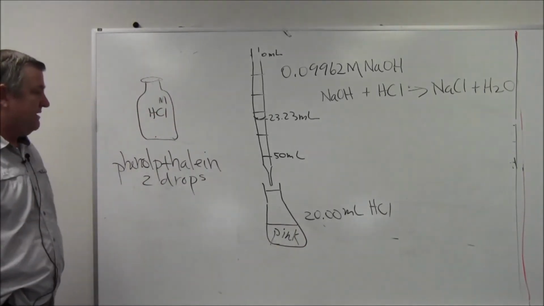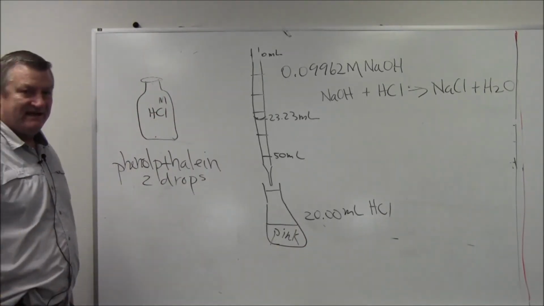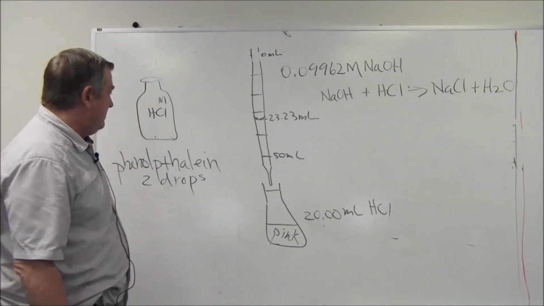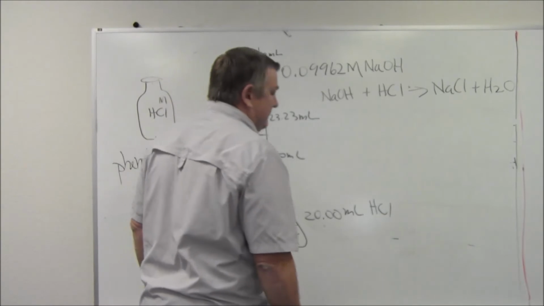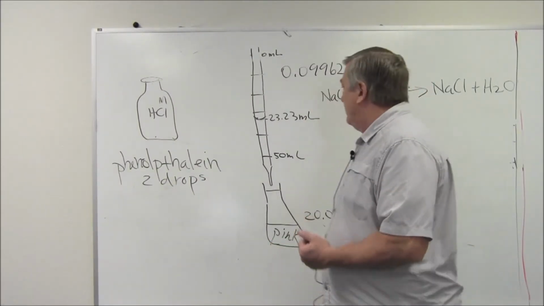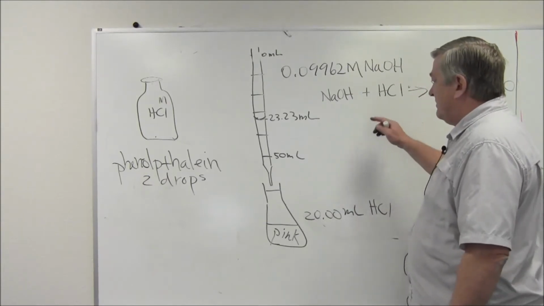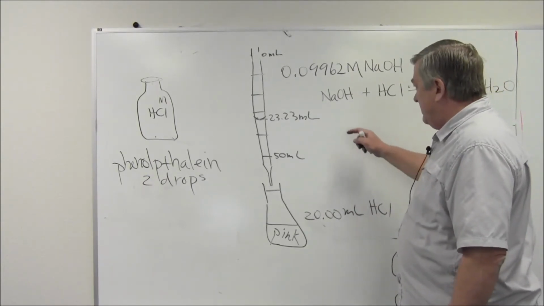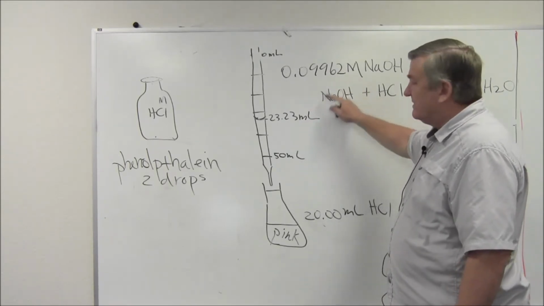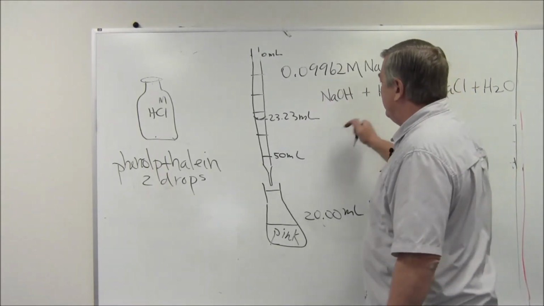Okay? So now with those data, we can calculate the unknown concentration of our hydrochloric acid. So let's go ahead and do that. And once again, I'm going to teach this with dimensional analysis and an equation. Okay, so we want to start with volume. Our known. With a known, you have the volume and the molarity. So we're going to start with volume of known and change it to liters first.